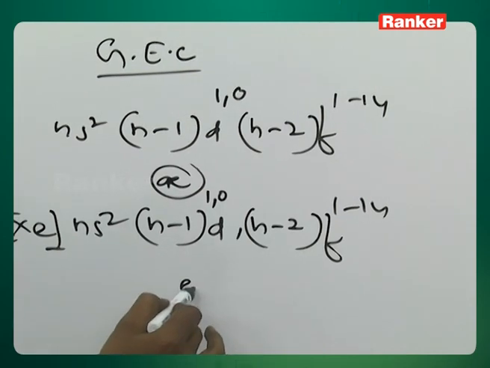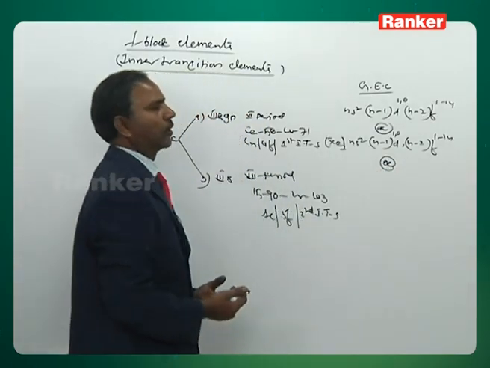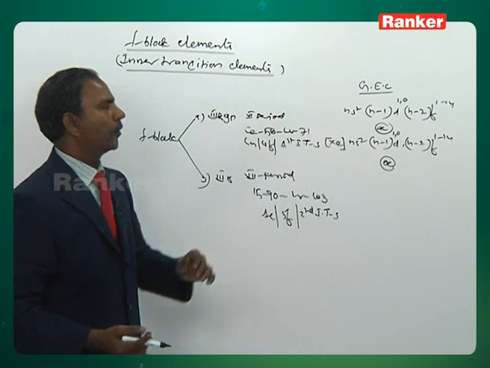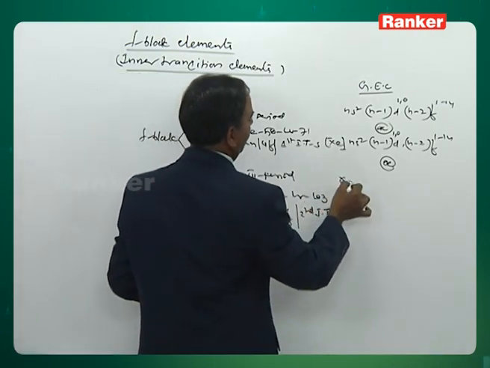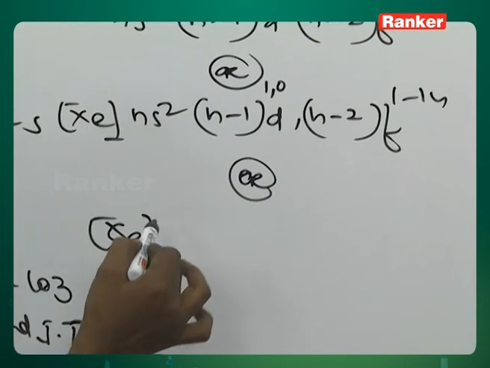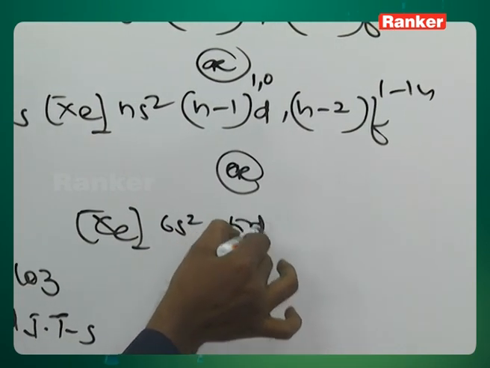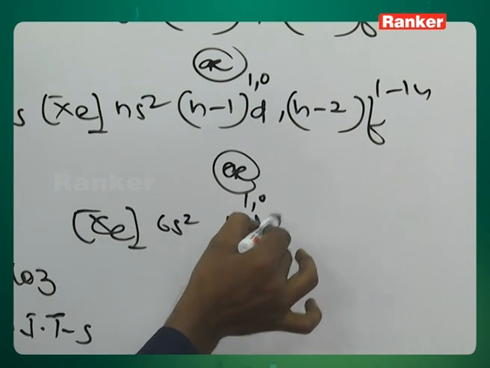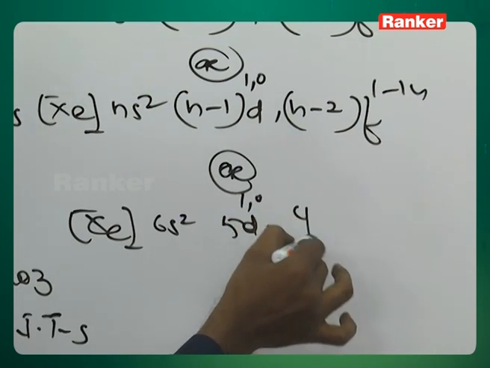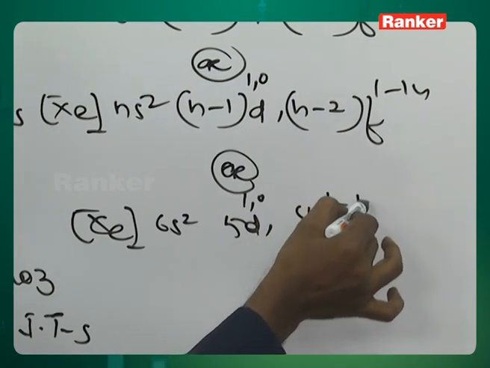Another way of representing this general electronic configuration is showing the real orbital numbers: xenon, then 6s2, 5d0,1, and 4f1 to 14.